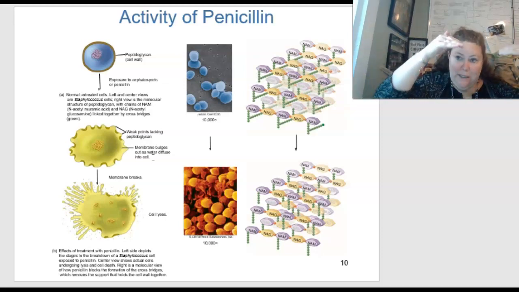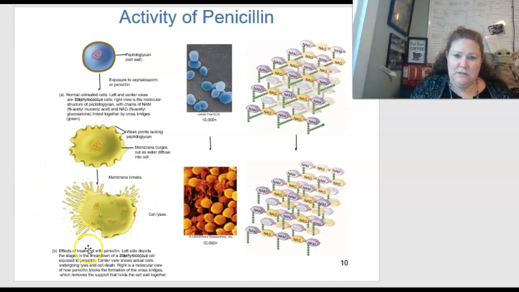Since water is going in, it makes the cell lyse or explode, right? So you can still see here that the cell is going to break and lyse, okay? And so the effects of treatment with penicillin are shown here on the left side. We already covered that. Okay. And then basically this is like a figure drawing, and then you can see the cells actually exploding there, okay?